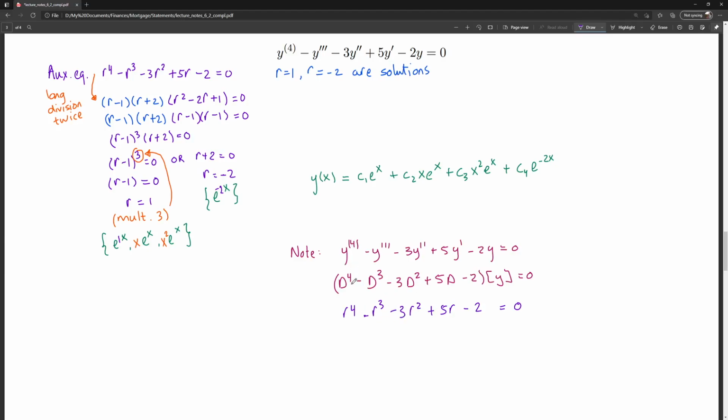We don't necessarily have to rewrite this in the regular form and then go to the auxiliary equation, because to go from the operator notation, you just replace every D by an r.